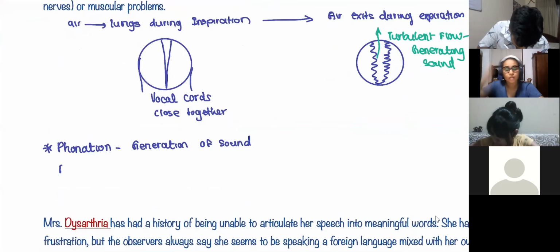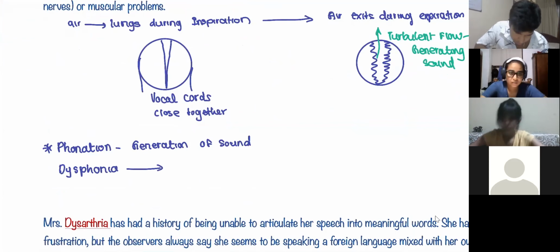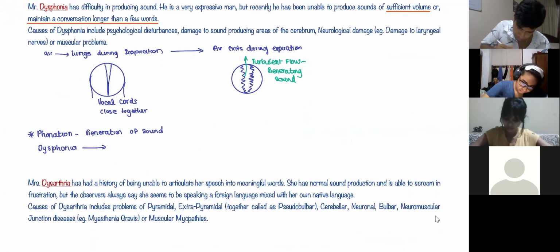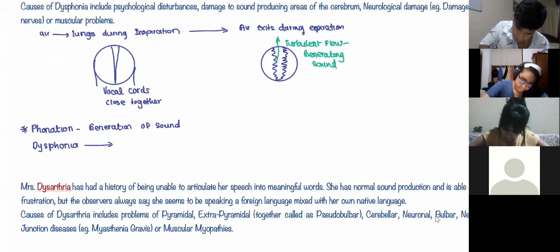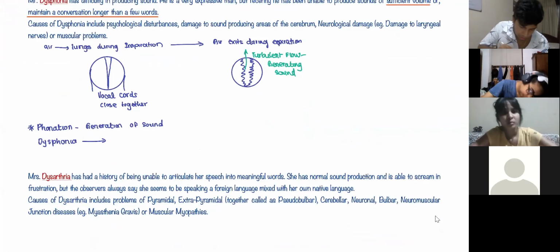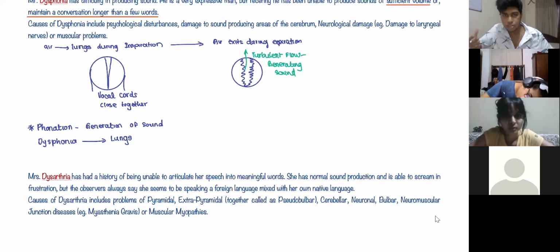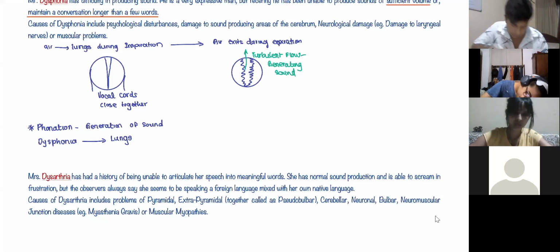In dysphonia, mainly the damage is going to be in the lungs. When the lungs are not producing enough force to push the air out, you don't generate sound. The volume is not high enough.